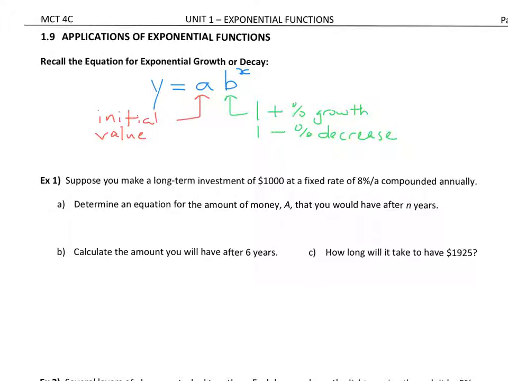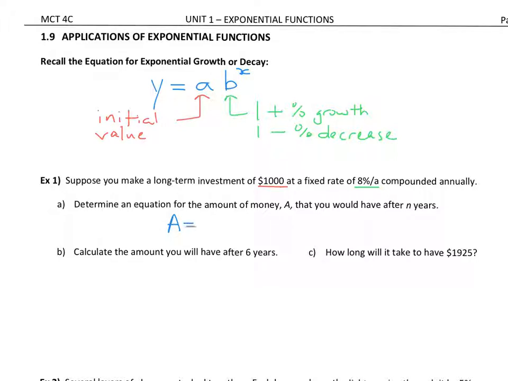Example 1, suppose you make a long-term investment of $1,000, so that's what you're starting with, initial value, at a fixed rate of 0.08 or 8% per annum, and it's compounded annually. So this again goes back to our compound interest formula. Determine the equation for the amount of money, A, that you would have after n years.